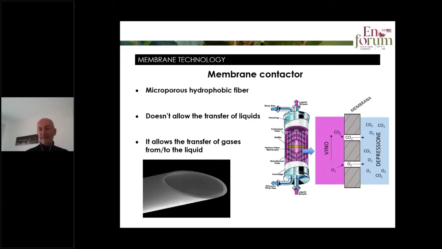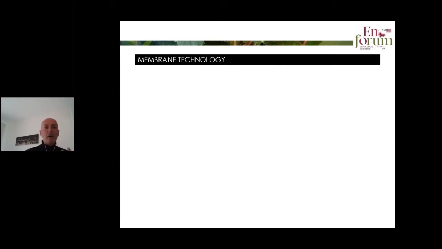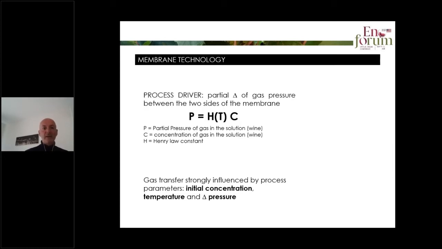On the other side, we have either a vacuum or an inert gas like nitrogen. Through the micropores of the membrane, we have the exchange of the gas, and this occurs based on Henry's law. The parameters that are important to monitor are the initial concentration of the gas, the temperature, and the delta pressure.